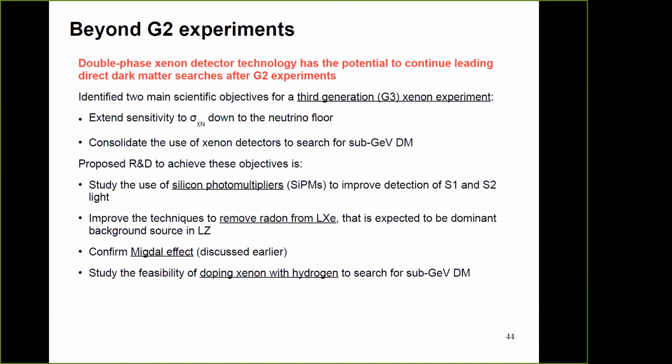There is R&D, but on a different detector technology, to achieve directionality. Not completely right now, but that's beyond the neutrino floor. I think that for reaching the neutrino floor, xenon is the best technology. Okay, thank you. Good to know.